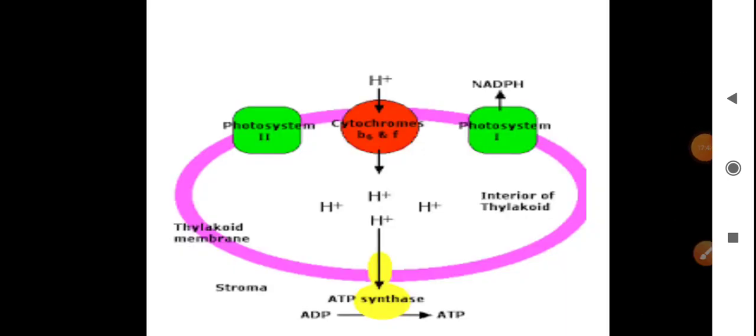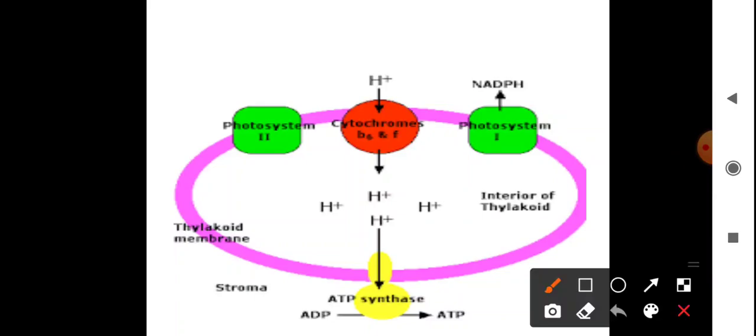So now it is clear how the chemiosmotic hypothesis actually takes place. Now we will discuss in short how the proton gradient is created. The proton gradient is created first due to the pumping of protons by cytochrome inside the lumen, and second by photolytic splitting of water into H ions, electrons and oxygen, which is given off as a product.